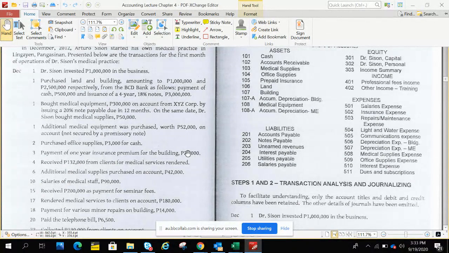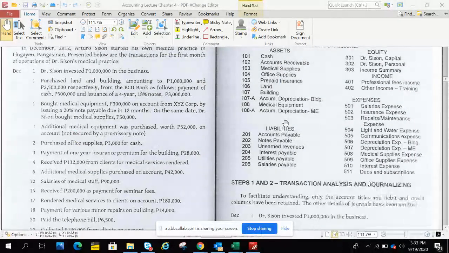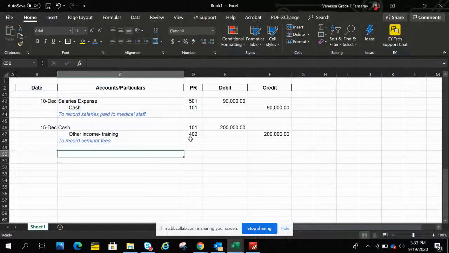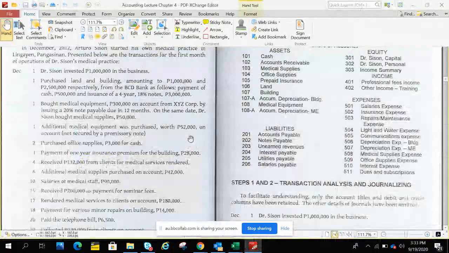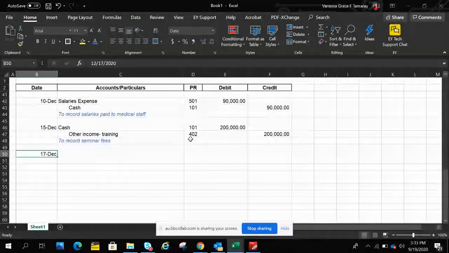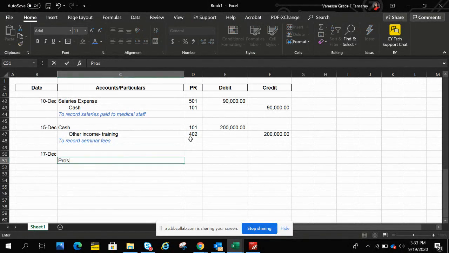May income ka eh. Ano yung debit ko? Cash ba? Hindi. Kasi ano sabi? On account. E di wag cash. Ano gagawin mo? Debit what? Ano ang nire-record natin pagka may matatanggap tayo? Accounts receivable. Number 102. Debit. Anong date to? 17. Debit. O, ito muna. Sure ka, di ba? Professional income.